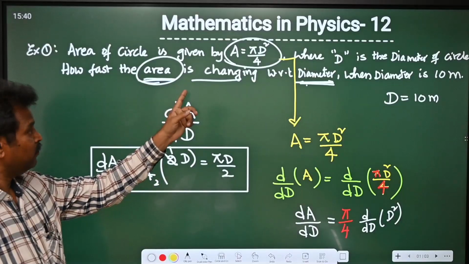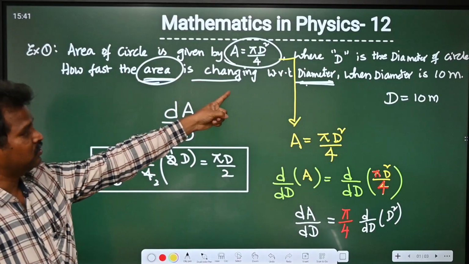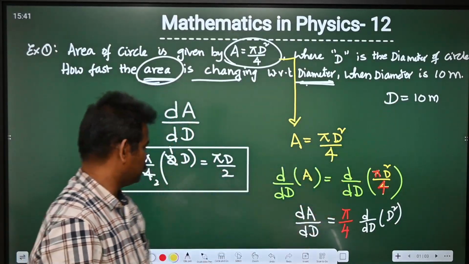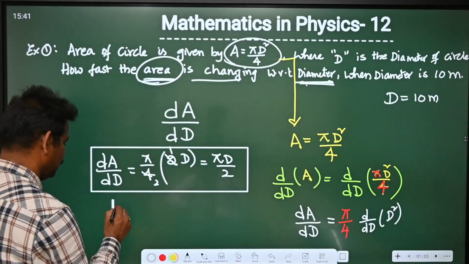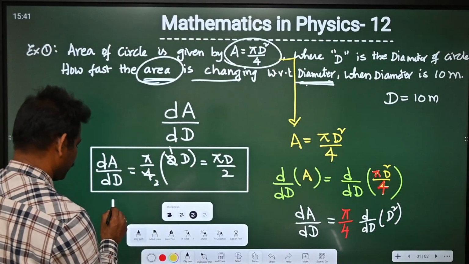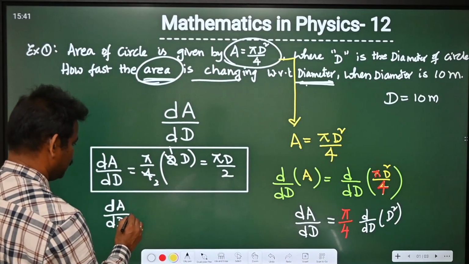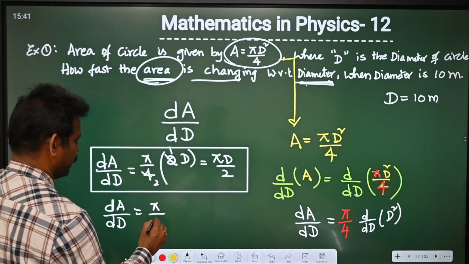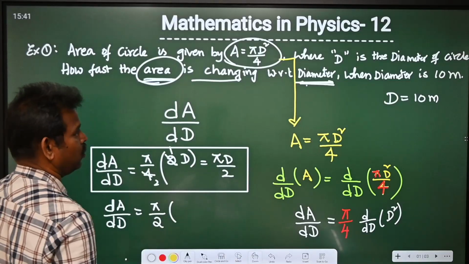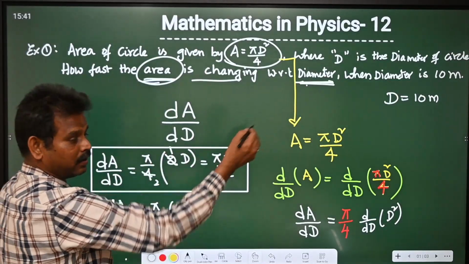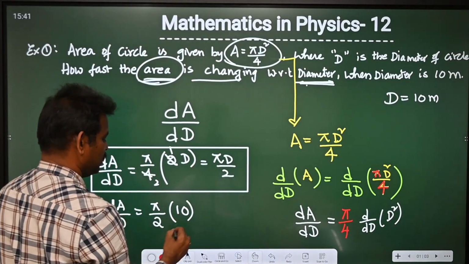But in the question, how fast is area changing when diameter is 10 meter? So we can write dA by dd is equal to pi by 2 into what is capital D? In the question itself we have given 10.